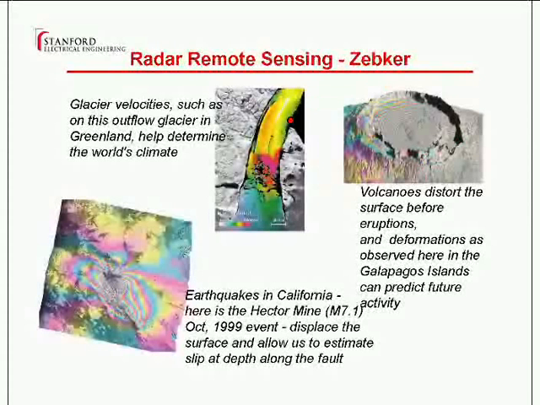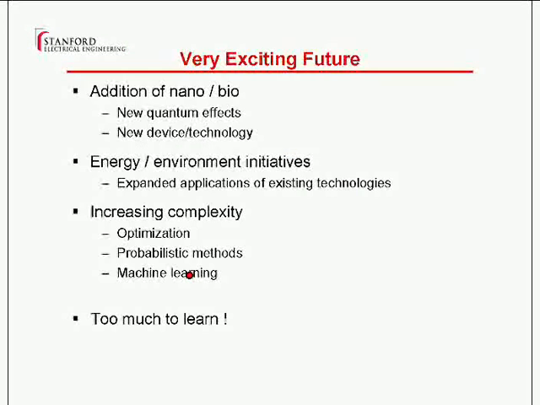So these are images of volcanoes and glacier velocity. Of course, this allows us to detect global warming much more effectively, and maybe even one day allow us to predict earthquakes in California. So these are, again, based on technology that is largely available already, but combined with more advancement in the math, which allows us to achieve all these imaging techniques.